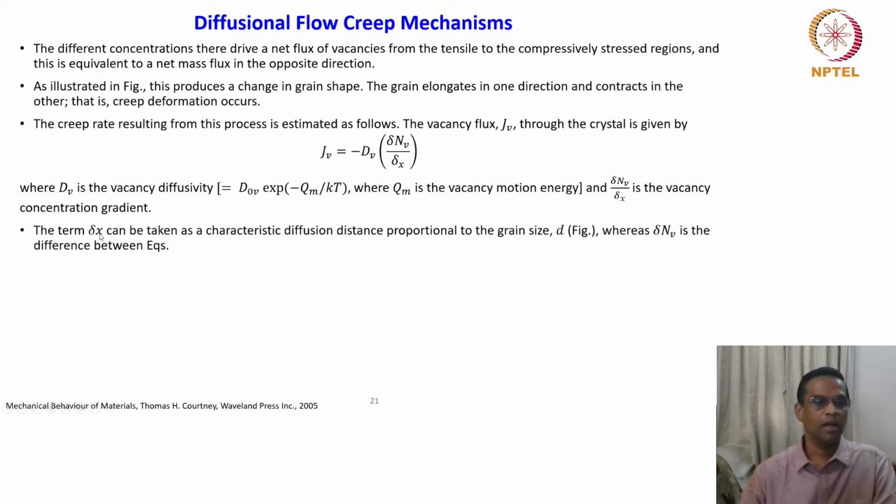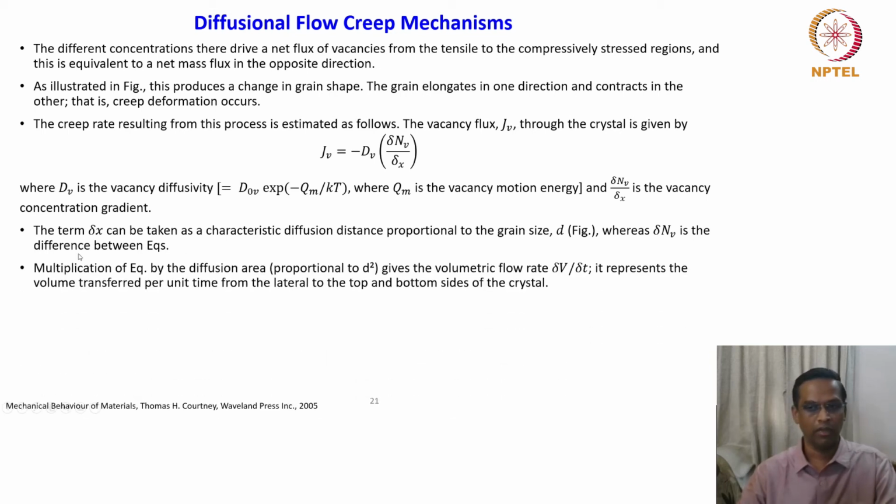The term Δx can be taken as a characteristic diffusion distance proportional to the grain size. Very important idea: the Δx here is considered as the grain size d. Whereas ΔN_V is the difference between the equations. So for the compression and tension directions, we have given a vacancy concentration, and the difference is taken as ΔN_V.